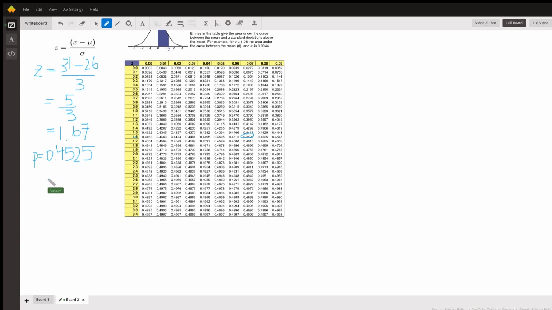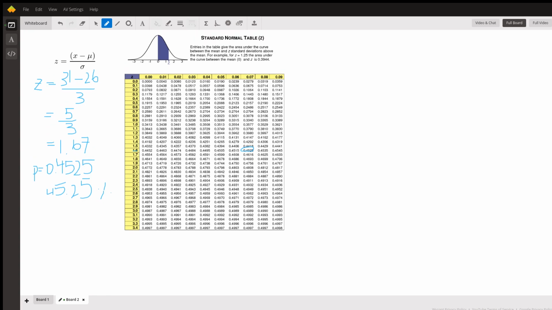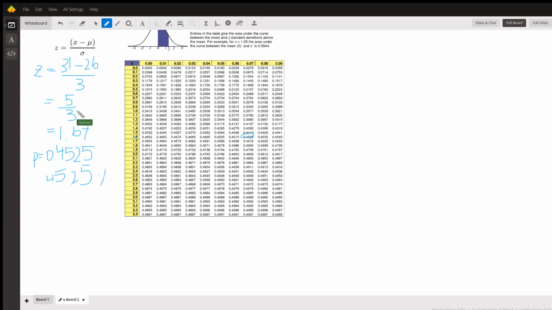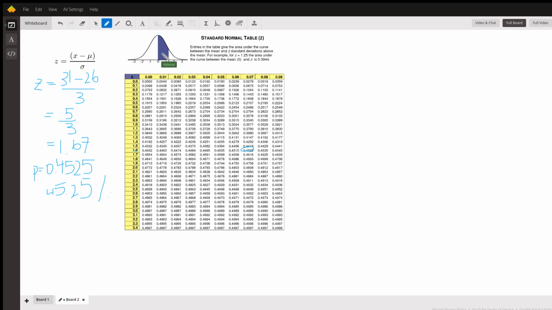All right, which means 45.25% of students are able to complete this test in 31 minutes. Now, how do I know this? Well, oh, forgive me, that's wrong as well. All right, so that's 45.25% of students fall to the right of the mean.